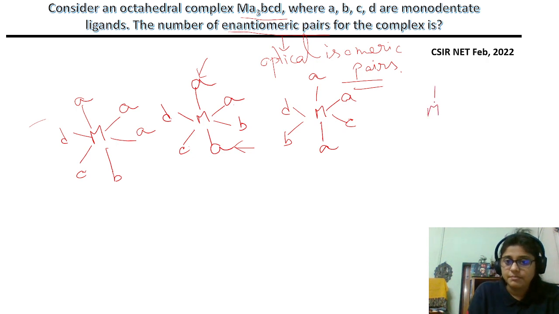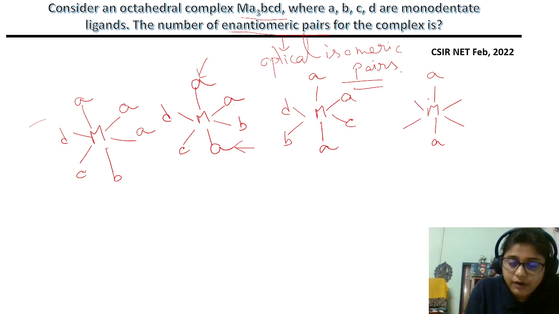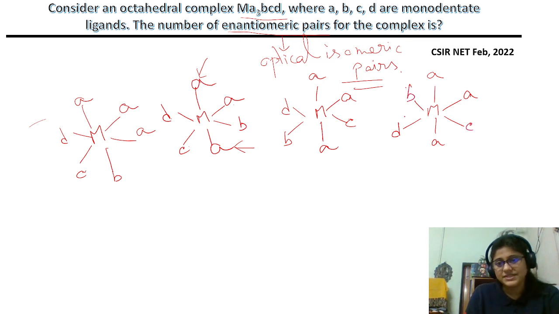Again M, A. AB was trans, AC was trans, but AD is also a combination, right? So AD and BC, CD, the same thing, right? So these kinds of things are there.